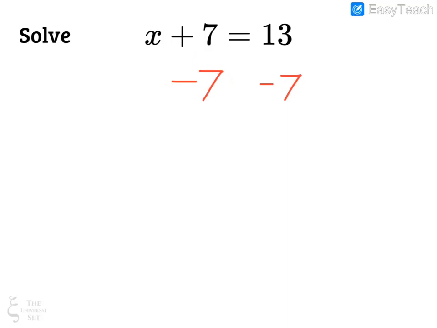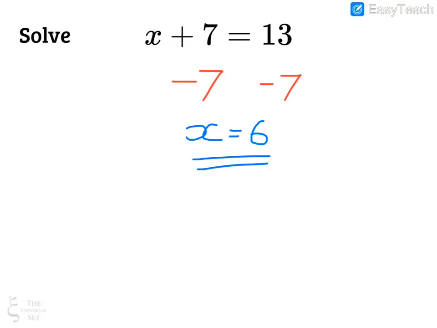So now all I've got is an x. On this side, I had 13, but I'm taking away 7. So we need to do 13, take away 7, and that gives me the answer 6. And that is the solution to my equation. Something plus 7 equals 13. What's that something? It must have been 6, because 6 plus 7 is 13.